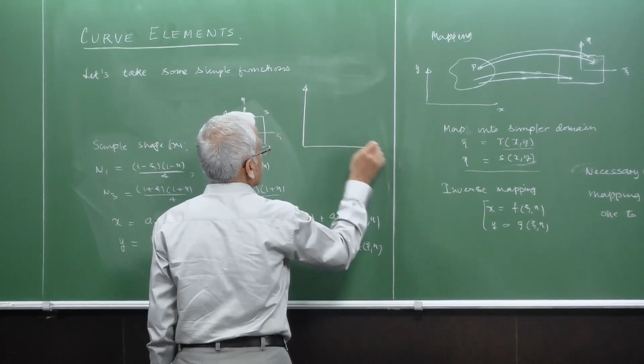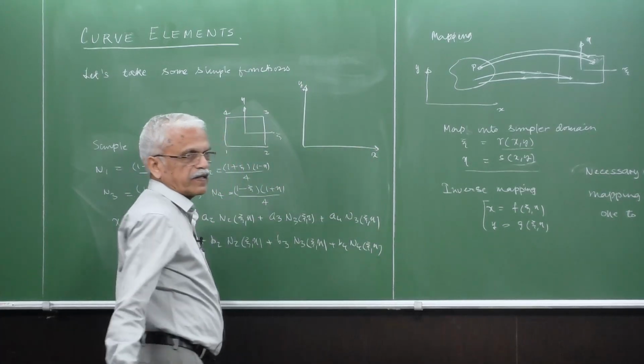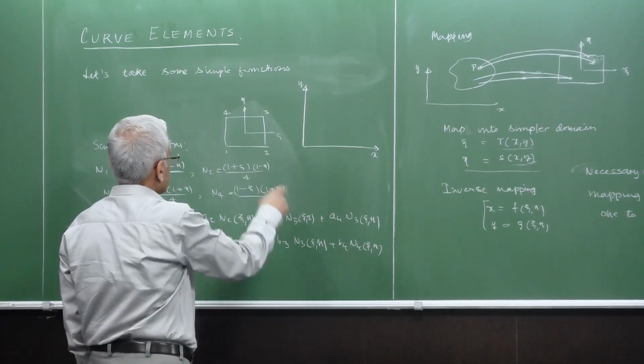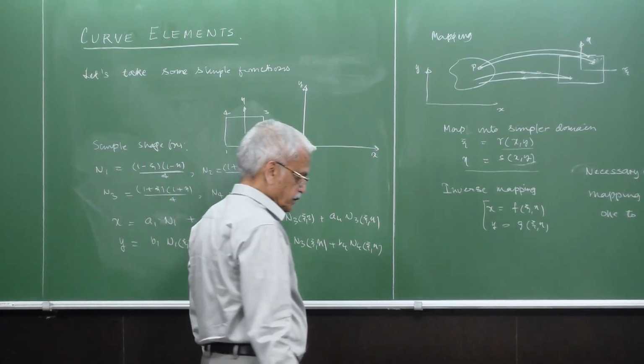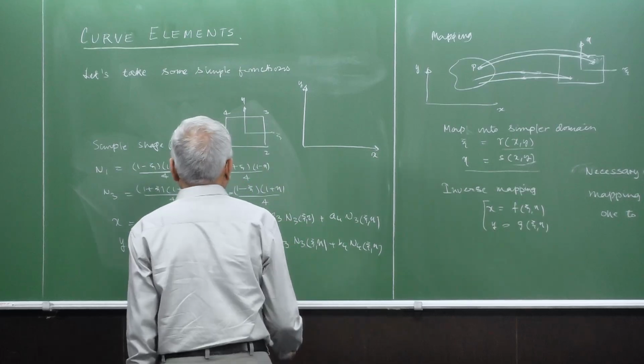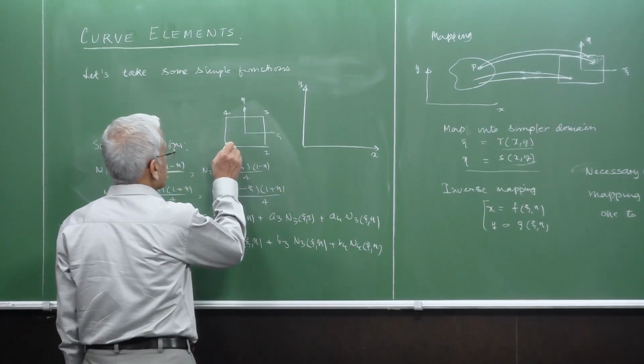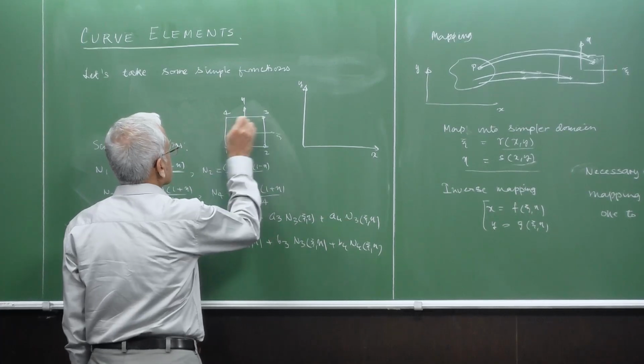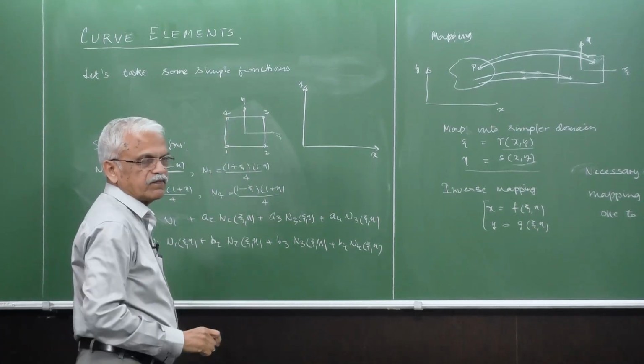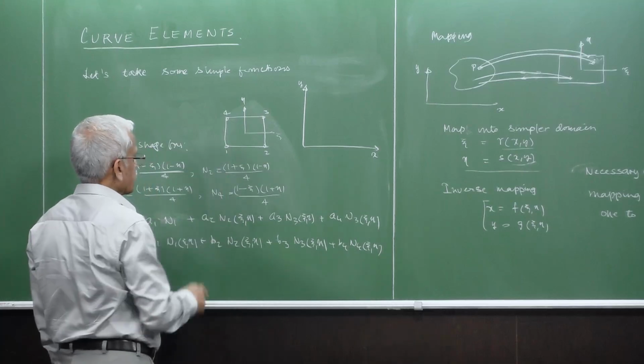So xy is our real axis and xi eta is the natural coordinates. And so where will it go? For example, this node 1. So where will this node 1 go? Node 1 has -1, -1.